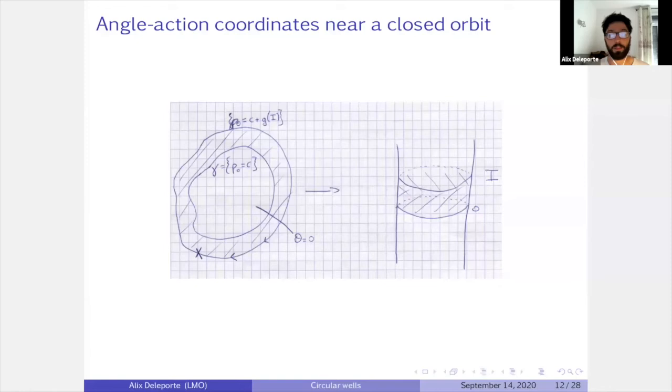And since on the right side I know exactly what the dynamics are going to be because they're given by G, then I know exactly what theta should be. And once you have the variables theta and I, you can check that this preserves the volume form. And that's all there is to this angle action theorem in 1D or in 2D.